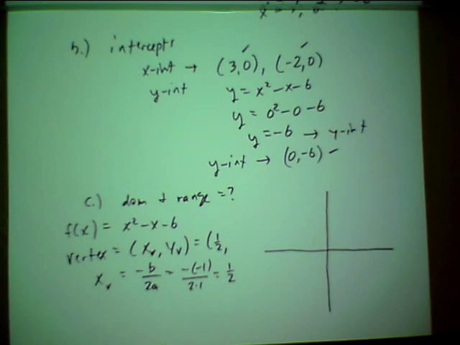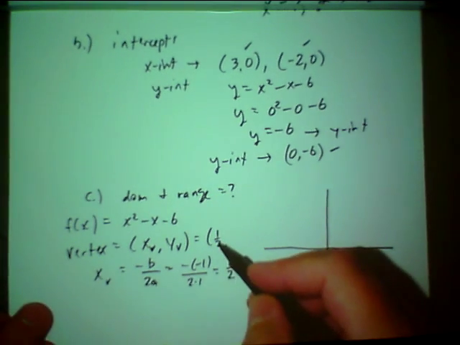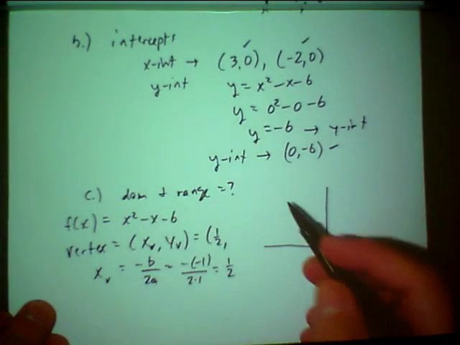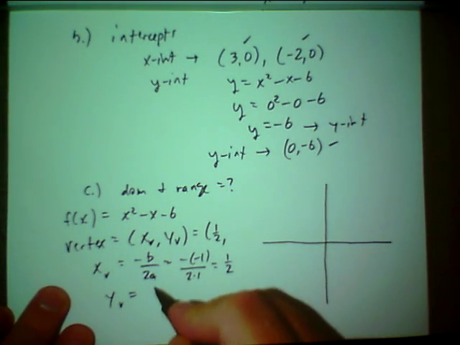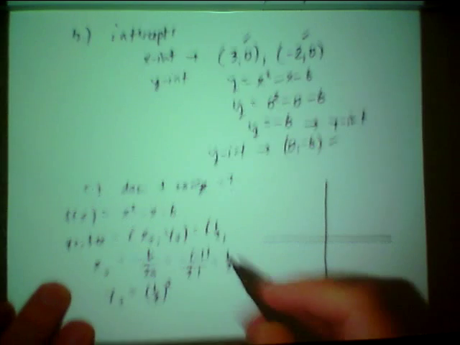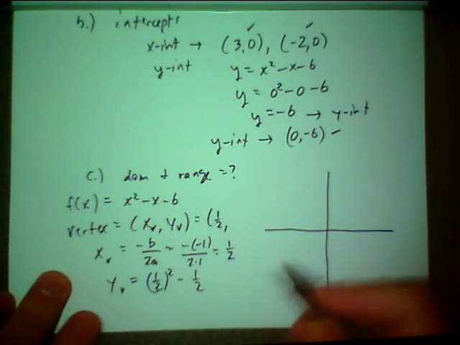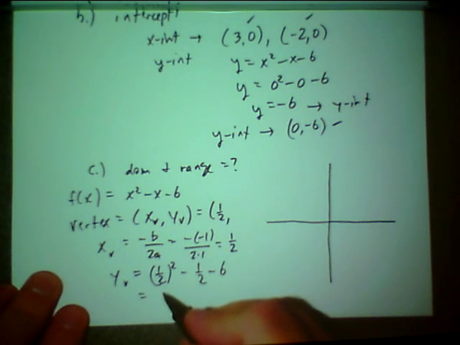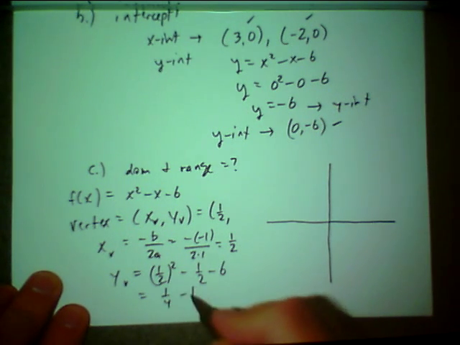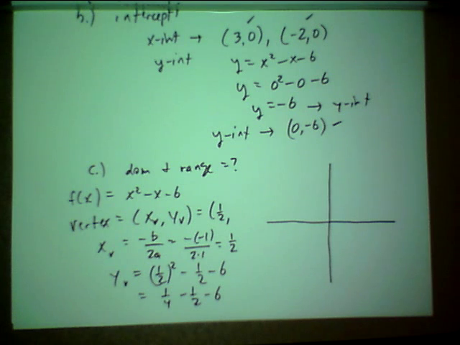And to find the y of my vertex, I plug in the x of my vertex back into my original equation, and that gives me the y of my vertex. So 1/2 squared minus 1/2 minus 6. So 1/2 squared is 1/4 minus 1/2 minus 6.